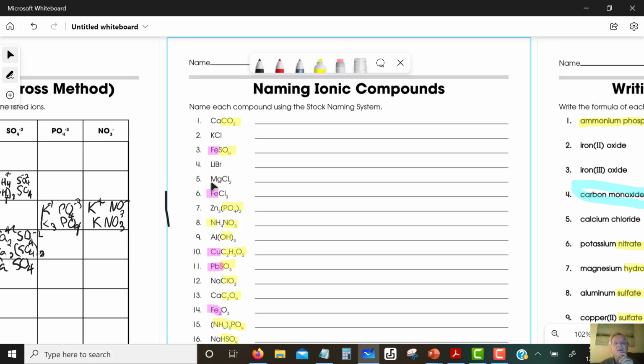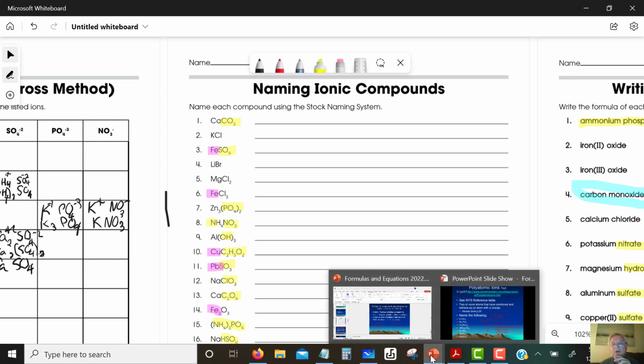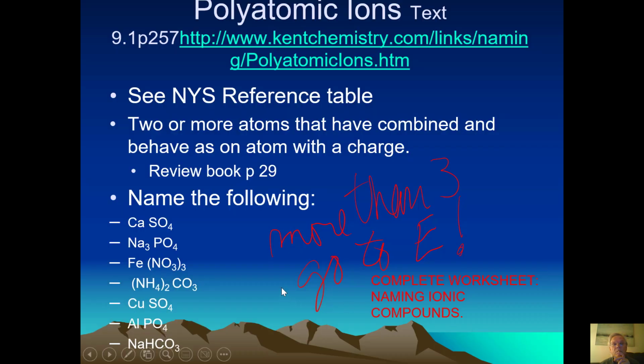And number 5 would be magnesium, not chlorine, because it's married to it now, magnesium chloride. Okay, so let me go back to the PowerPoint and take a look at the next page, which is why the things are highlighted in pink.